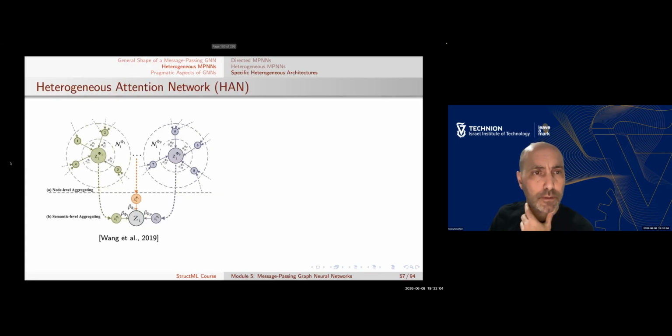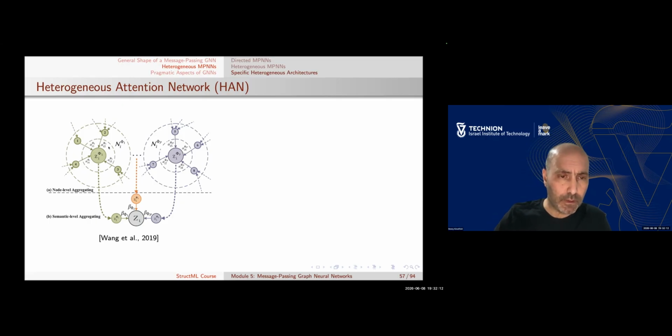Here's another example, the HAN, heterogeneous attention network. Here we're basically having two levels of attention. Each node attends to its tau prime neighbors. Here it's called phi 1 to phi p. I'll explain later why they use these phi 1, phi p, but think of these now as just tau prime.